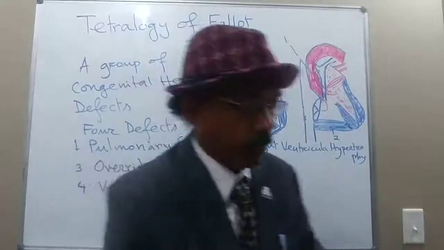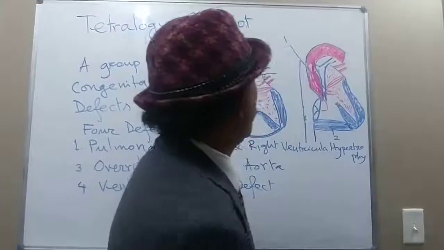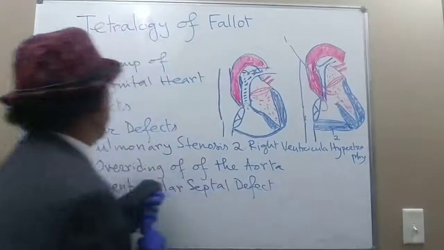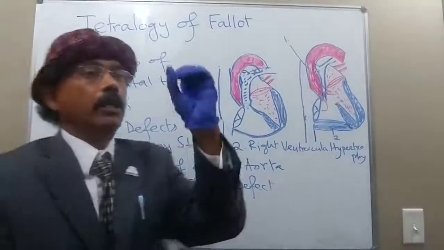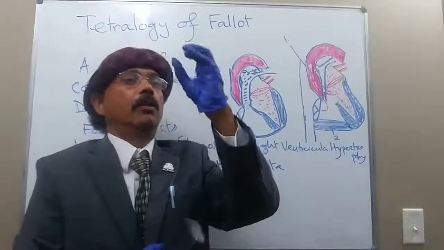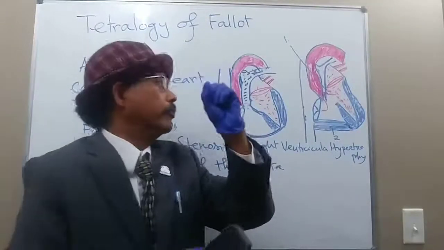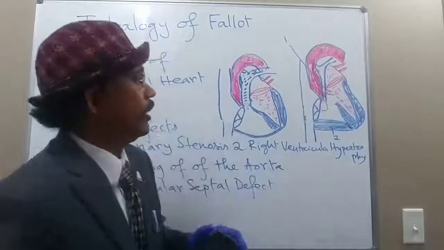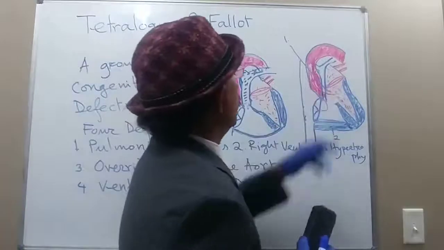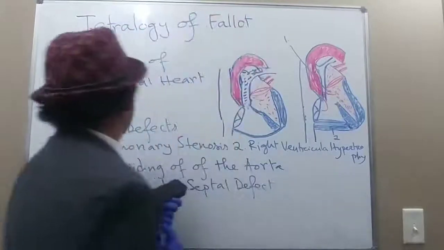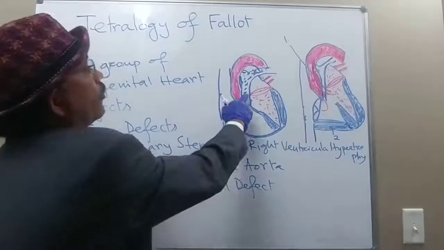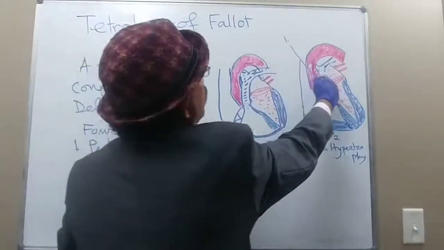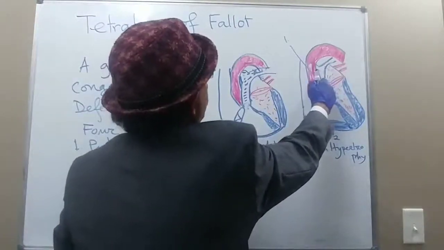Here the pulmonary artery is stenosed. Stenosed means narrowing of the opening, or an opening closed significantly, so flow is less. Here is the normal pulmonary trunk, and this is the stenosed pulmonary trunk.